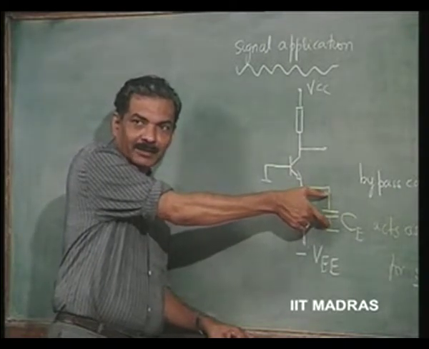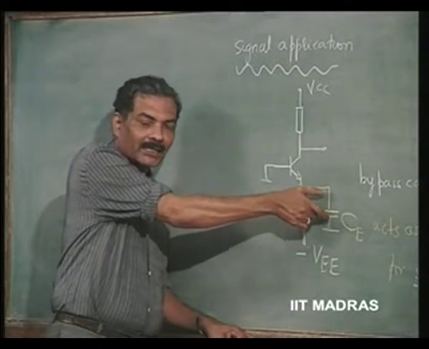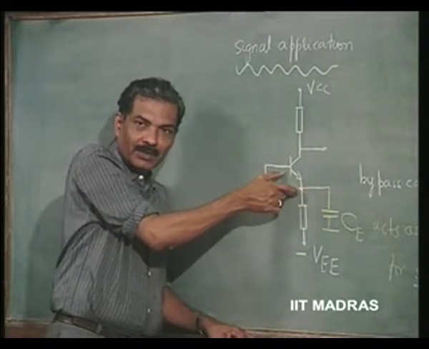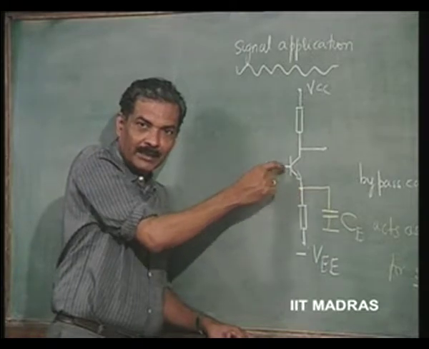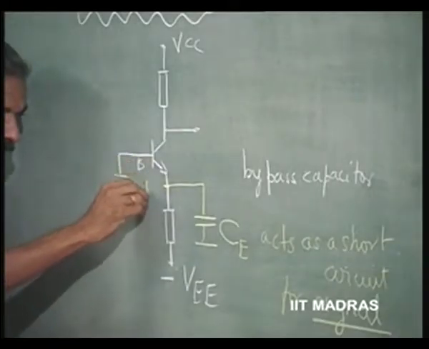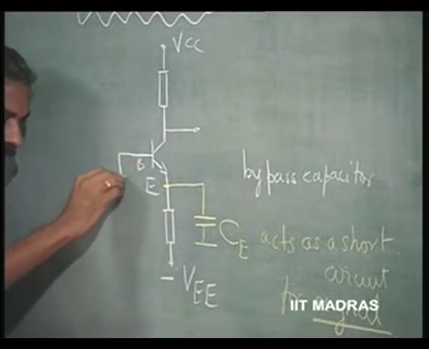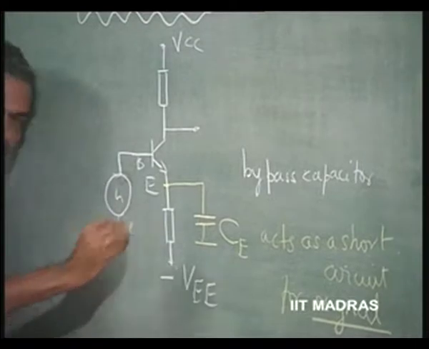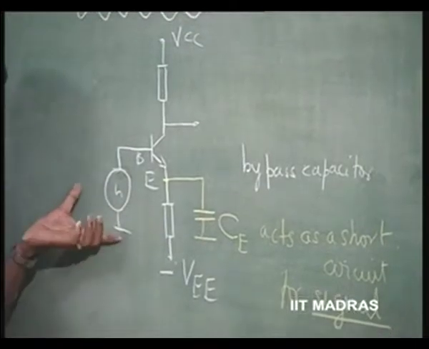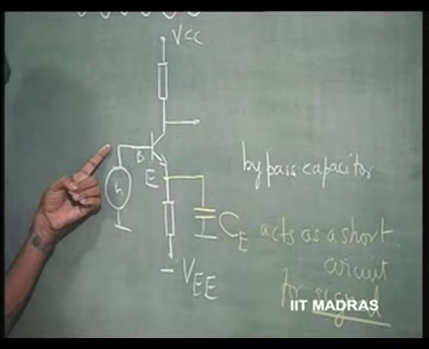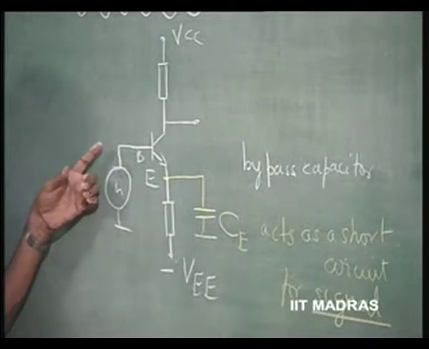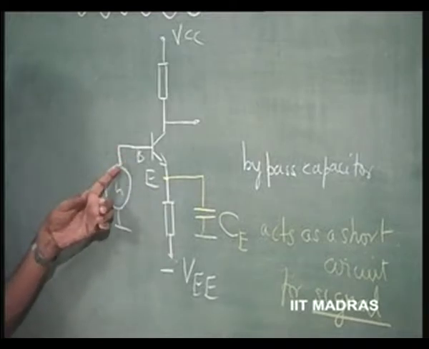That means this has to be compared with something that comes in series with it. We want the potential to appear between base and emitter terminals. That means the entire input potential, which I am going to apply here now as signal, this is the signal source, is assumed to appear between ground and this terminal. Now, this base is directly connected to the other end of the source.